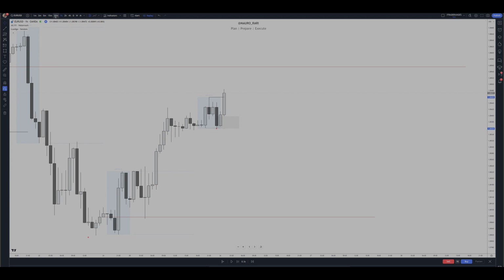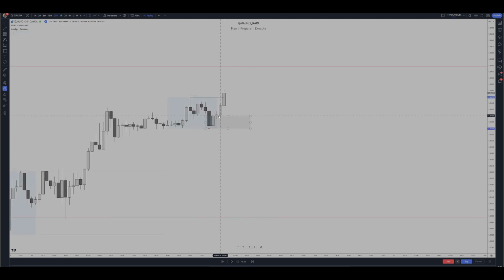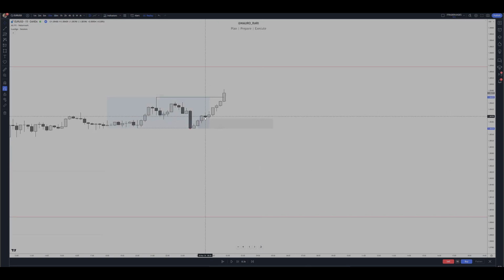So after this, I'm gonna move on 30 minutes, and again I have this wick of this hidden base. There's still gonna be liquidity available for the market, and then I'm gonna move on 15 minutes, which at this time is perfectly aligned with the only available liquidity in this bullish expansion.